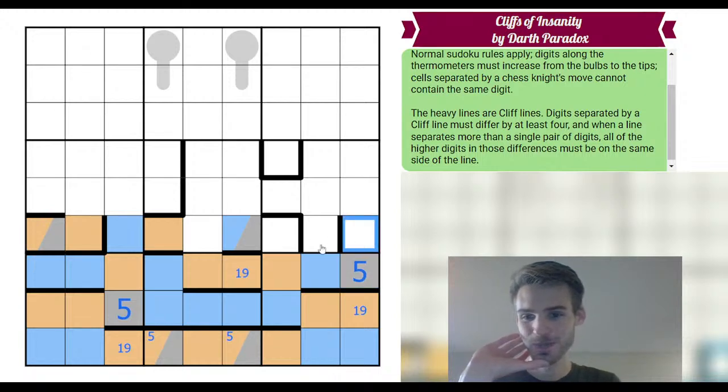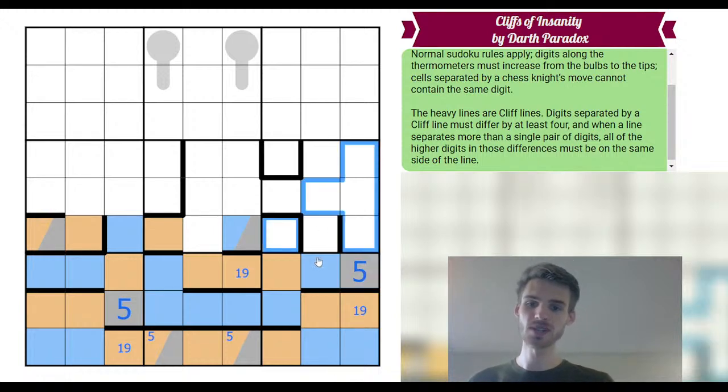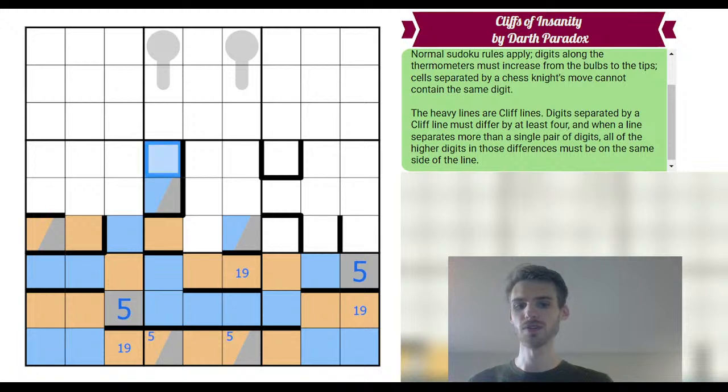Okay, so this is now a 5, which sees these cells by knight's move. This cell is blue or gray, which means that this is blue or gray, which means we have orange or gray here.